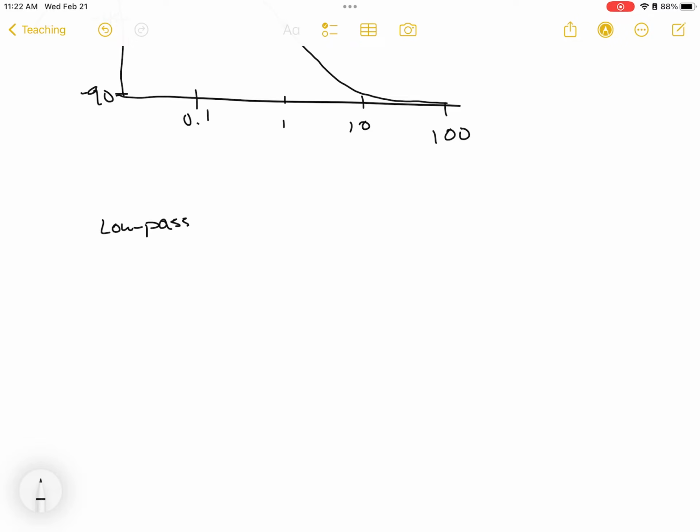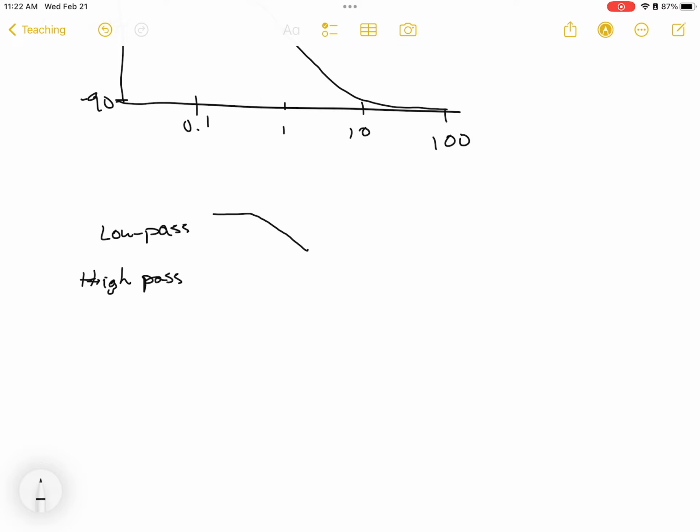So a low pass filter, the magnitude looks like this, where you've got high magnitude at low frequencies, and then as the frequencies increase, the magnitude drops off. We also have a high pass filter, which does the opposite, where at low frequencies not a lot of information is going through, but at higher frequencies you get the same magnitude out of the response.